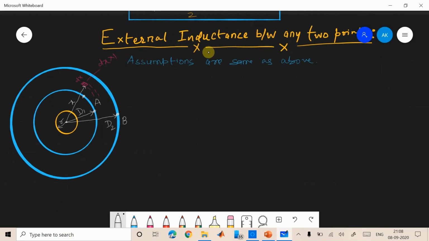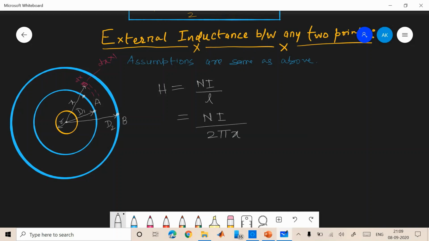Hx is equal to ampere turn upon length. How we write H? H is equal to ampere turn, n into I, over length. Okay, so here number of turn is 1 as there is only one conductor, and current is your I, and amperial length will be a circumference which will be 2 pi x.